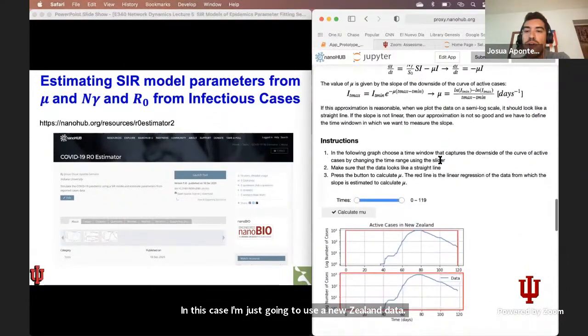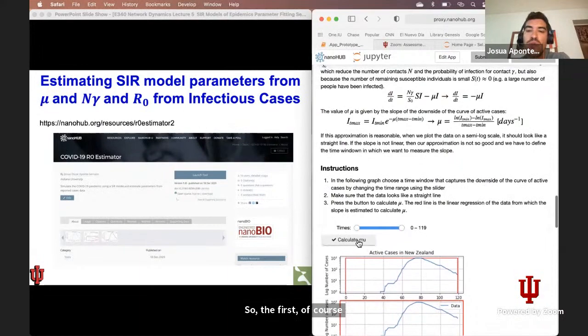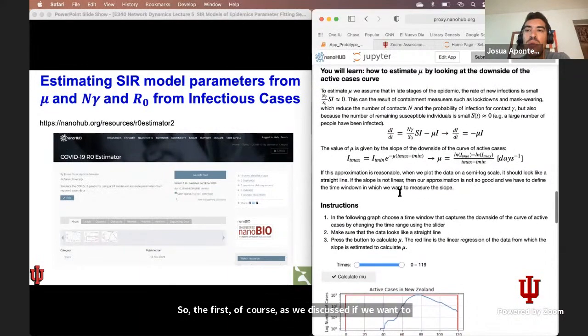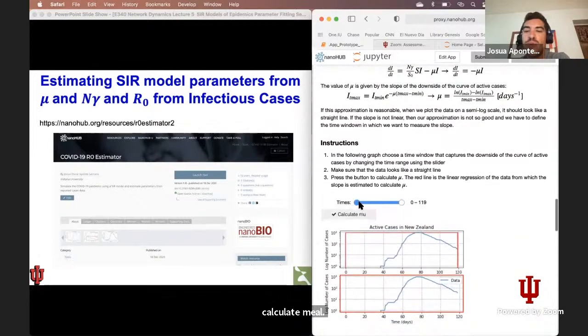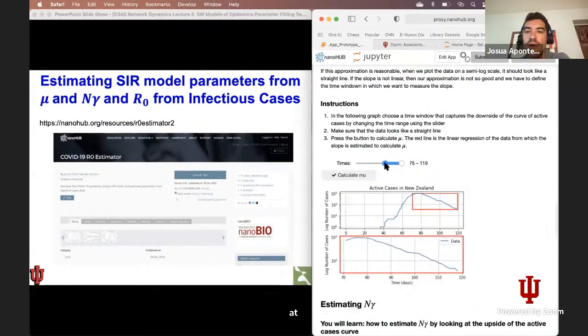So the first, of course, as we discussed, if we want to calculate mu, we need to choose the part of the curve that looks like a decreasing line, with times at which we want to estimate that data.